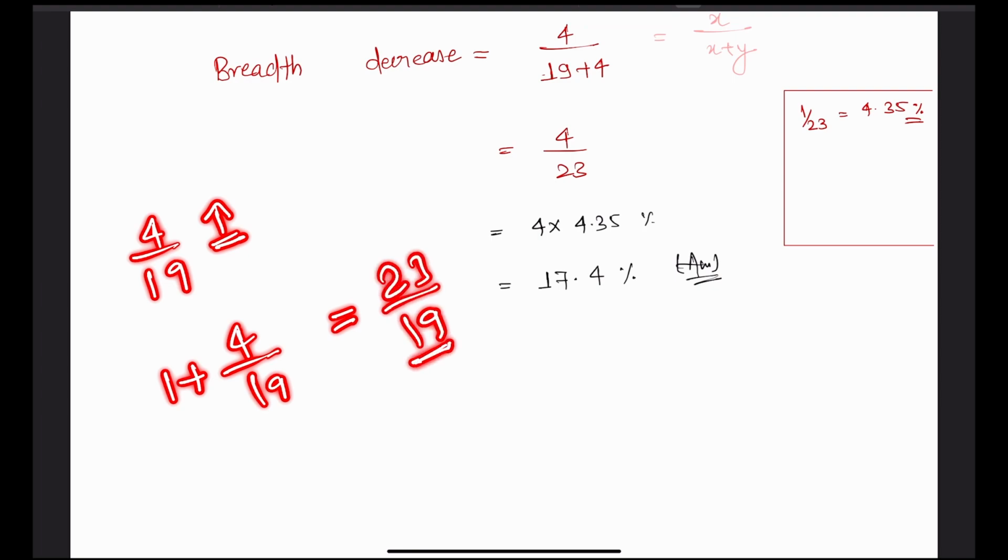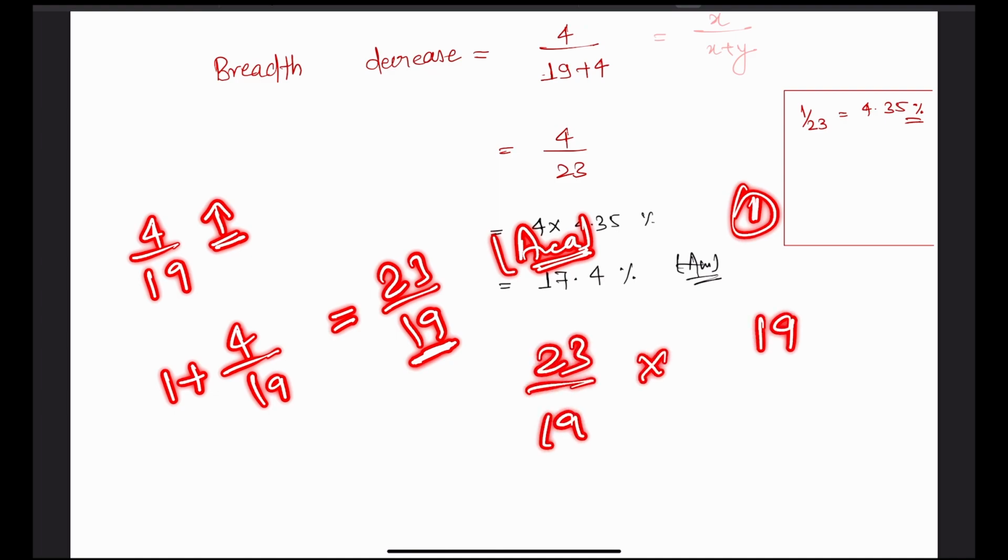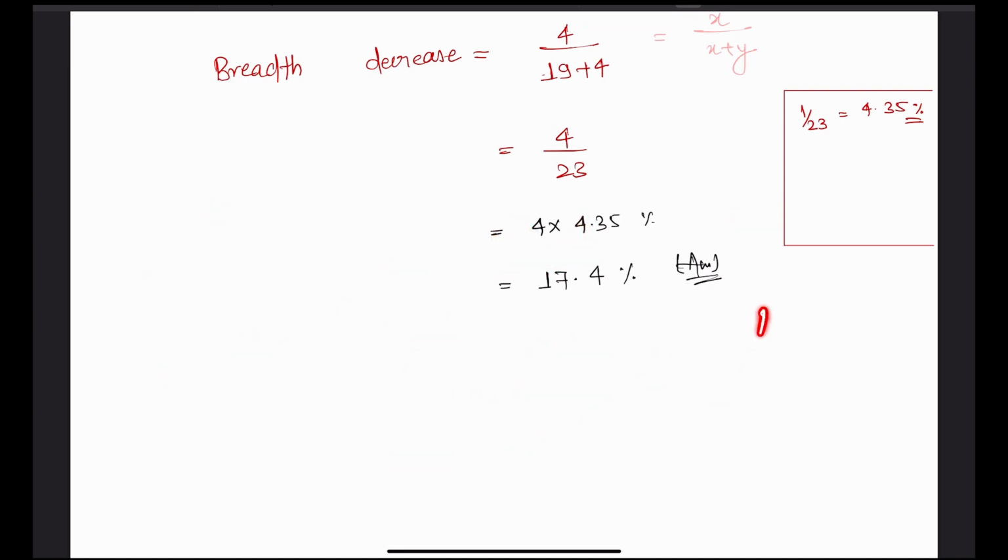23 by 19. So if 23 by 19 is the real area, our breadth should be how much to make it 1? 23 by 19 into 19 by 23 makes it equal to 1 as previously. So 19 by 23 will be our breadth.